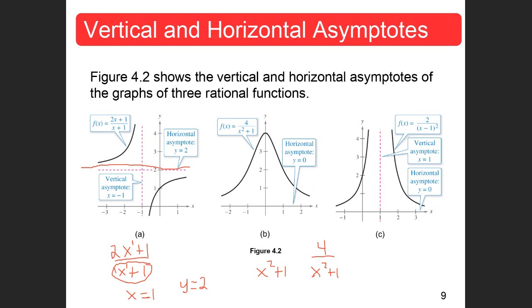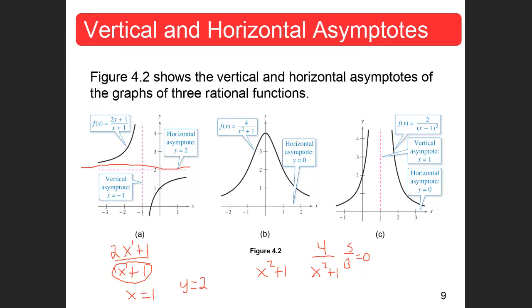So if the highest power on the bottom is bigger than the one on top, I always call this a small over big, because I have a small exponent on top. I really have none, to tell you the truth, and a big one on the bottom. If you have small over big, then the horizontal asymptote is always going to be 0.